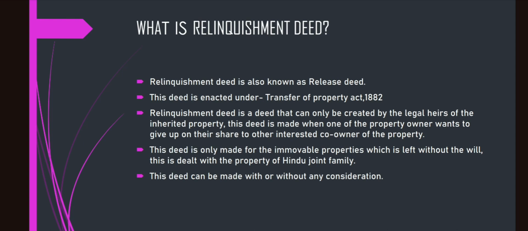So, to face that cumbersome circumstance, they gave up their share of the property in the name of the third son so that the third son can take care of that property. Now, this giving up of their share in favor of the third son can be created through a relinquishment deed.